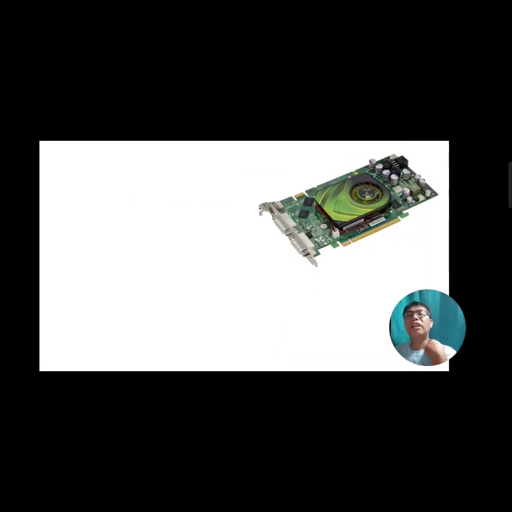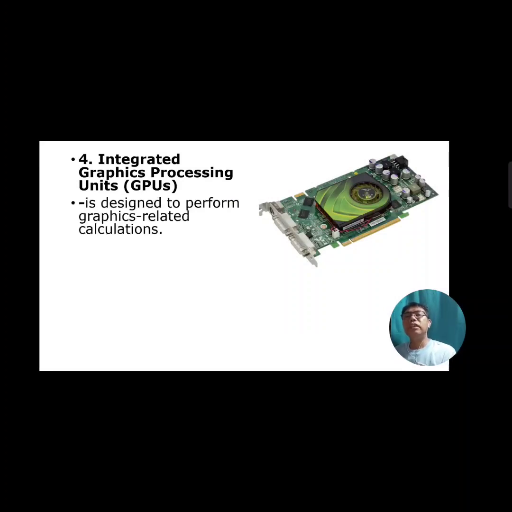Okay, next one, here on the picture is an example of a GPU. That is the integrated graphics processing unit, or the GPU. It is designed to perform graphics-related calculations.